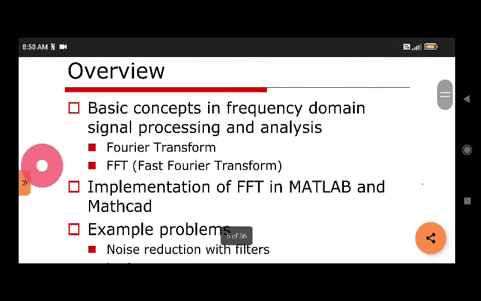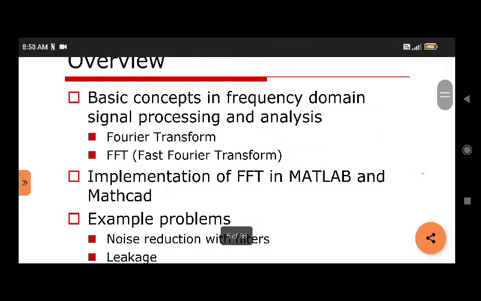First, an overview. The basic concept in frequency domain signal processing and analysis is that we have to have knowledge of the Fourier transform, FFT, the fast Fourier transform, and some concept of implementation of FFT in MATLAB or MathCAD. This software is used to solve complex frequency domain analysis.